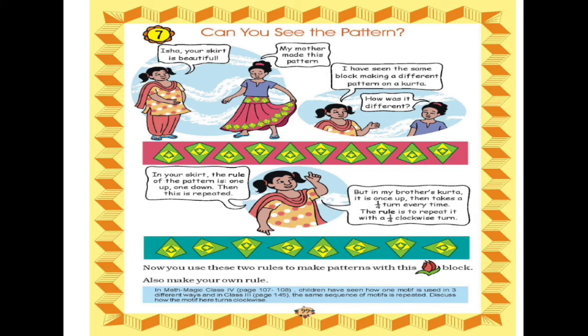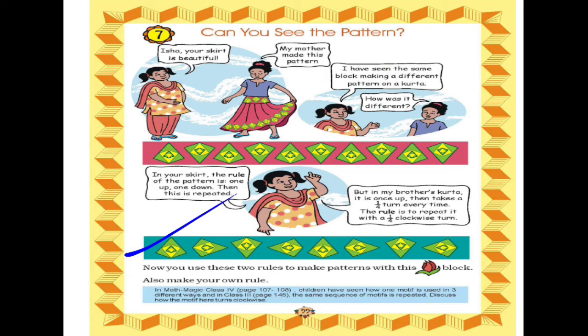Now the girl is saying, but in my brother's kurta it is once up, then it takes a 1/4 turn every time. The rule is to repeat it with a 1/4 clockwise turn. So you can see this is the pattern that was made in his brother's kurta.